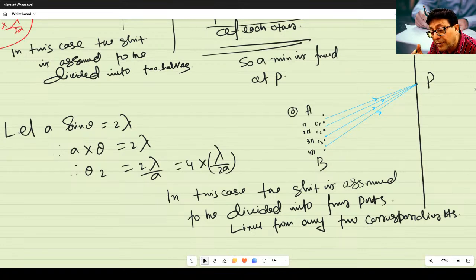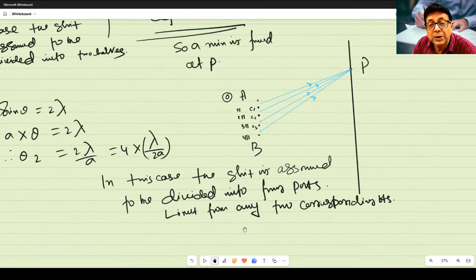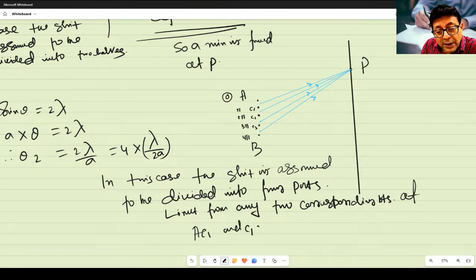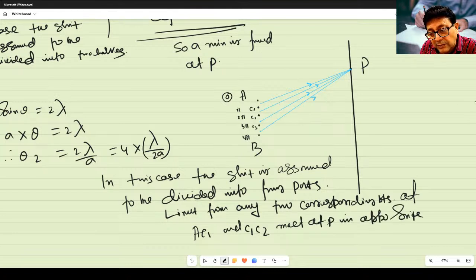In the same manner, the way I am telling you, you need to write in your descriptive paper: the slit is assumed to be divided into 4 parts. Light from any two corresponding points of AC1 and C1C2 meet at P in opposite phase.